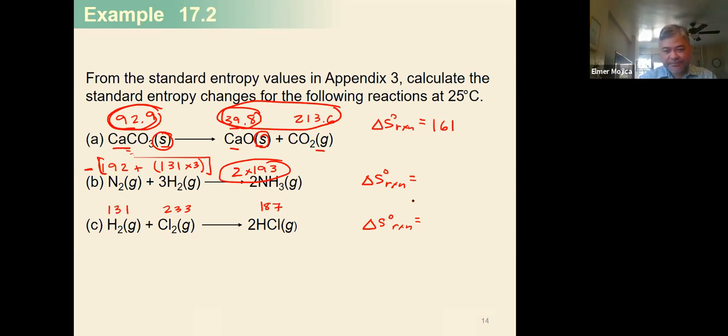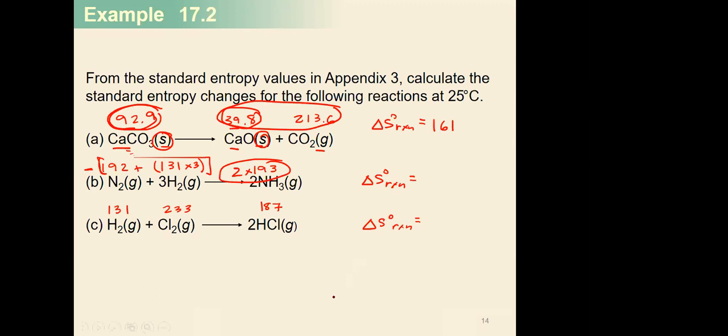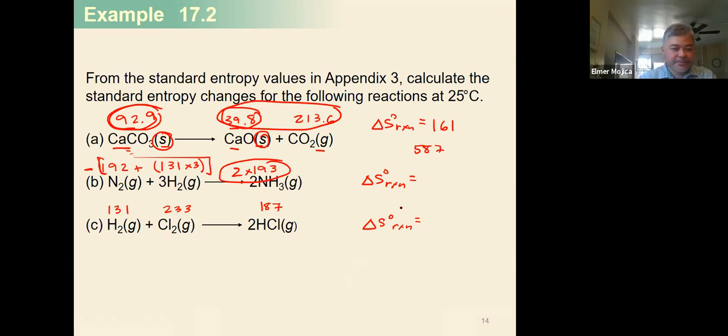So what do you get? 587. 587. How about the others?